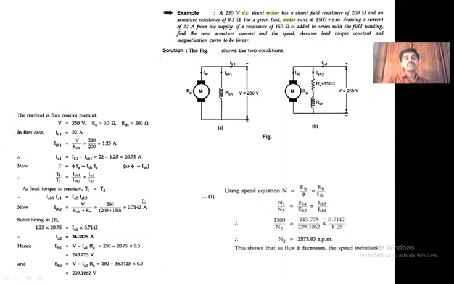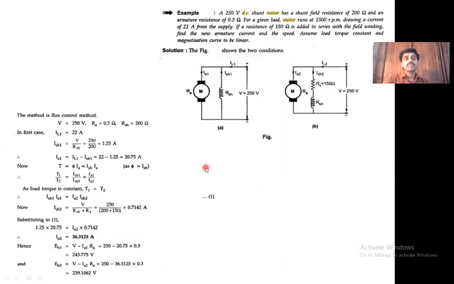So first, in the first case, we have to calculate Ish1. From that, we calculate Ia1. From that, using the torque relationship, we can get the expression between torque, field currents and armature currents.